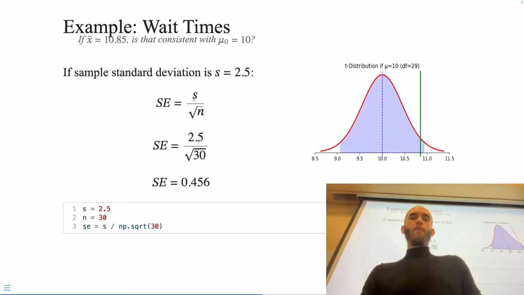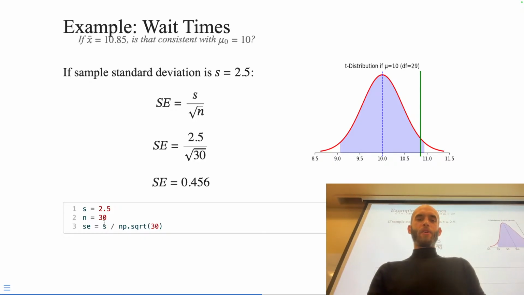Here we have S. We know what N is. We have a sample size of 30. Looks like I didn't put that in the slides. So we can calculate the sample standard error, which is just the variability of the sampling distribution.